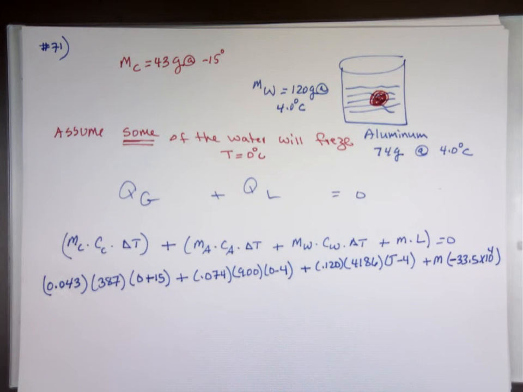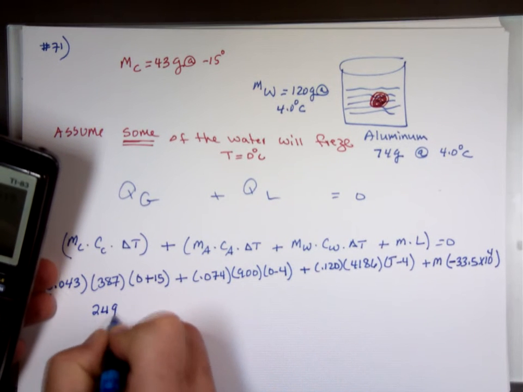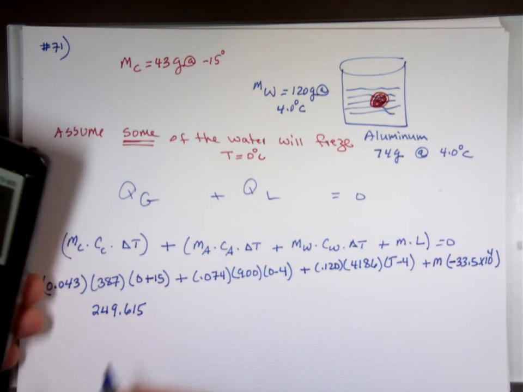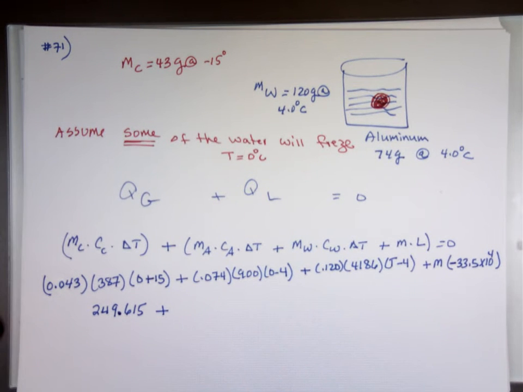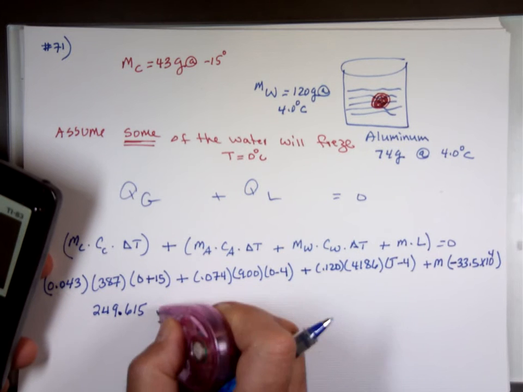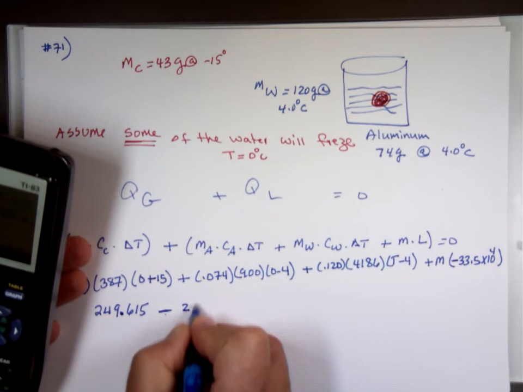So let's try some calculation. 0.043 times 387 times the 15. This number is 249.615. Point, not a comma, point. 0.074 times 900 times a negative 4. That should be a minus now, not a plus. 266.4.